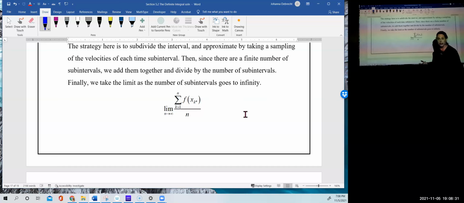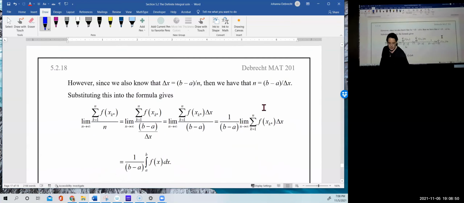Sounds like a Riemann sum, doesn't it? It does. So what we've got is the sum of all the function values divided by the number of intervals that we took. Then we take the limit as n goes to infinity. But while we're doing this, we also know that delta x is equal to b minus a divided by n. That's the formula that we use for Riemann sums.